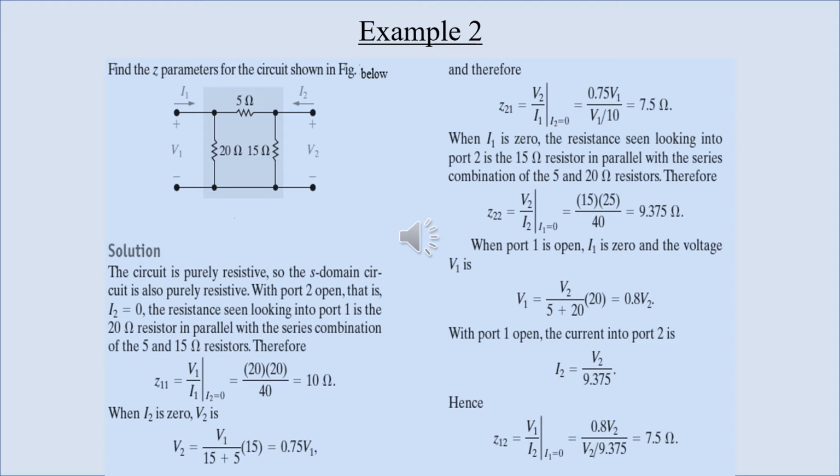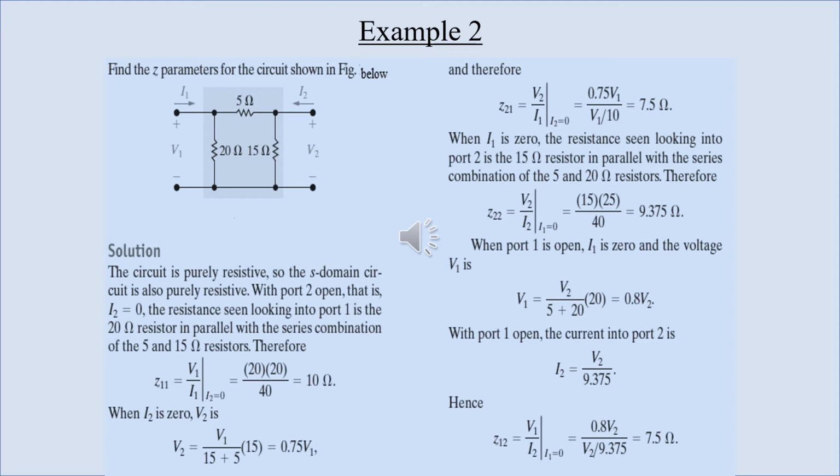So from there also we can calculate our V2. Remember, our V2 is the voltage across the 15 ohm resistor. Remember, the 15 ohm resistor and 5 ohm resistor are in series. So V2, using the voltage divider principle, will be 15 over 15 plus 5, that's 20, multiplied by the total voltage, which is V1 in the circuit.